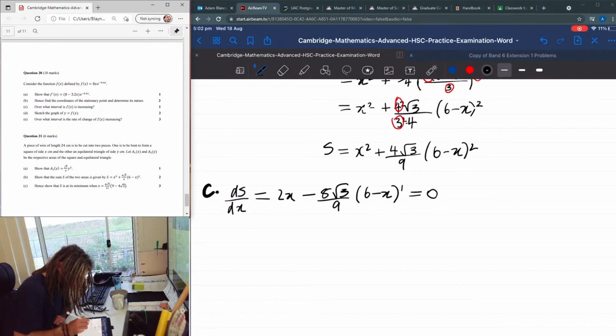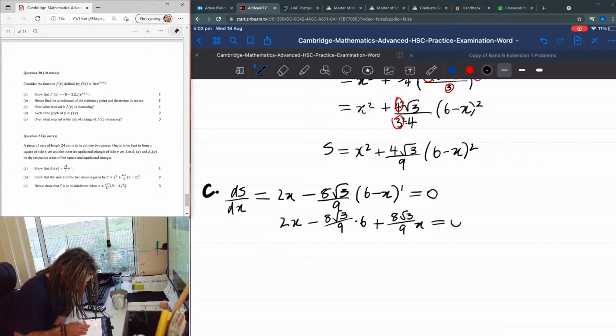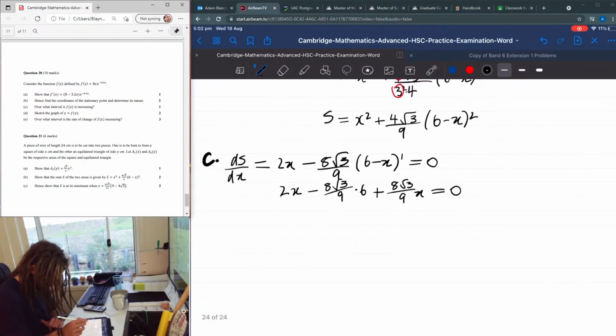I'm going to have to expand this to get the x by itself. So 2x minus 8 root 3 on 9 times 6 plus 8 root 3 on 9x equals 0. Wow. This just times everything by 9, so then I get rid of all that.